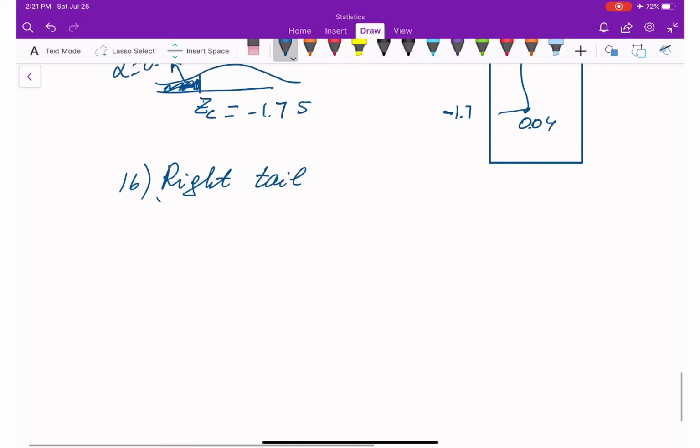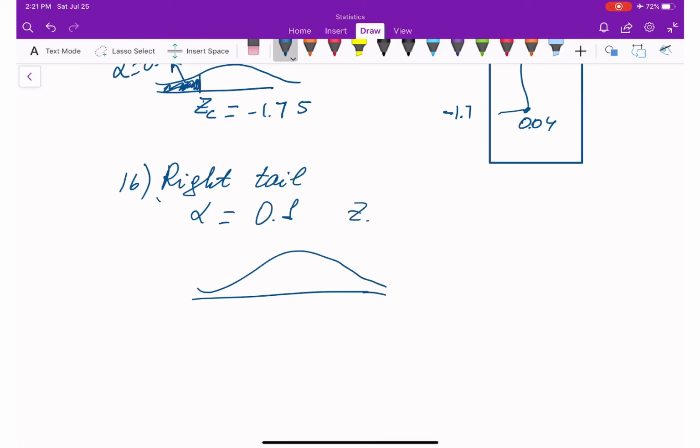And our alpha is equal to 0.1. Okay, let's see. And we need to find the critical value, z critical. So it's a right tail, so this is 0.1 alpha.